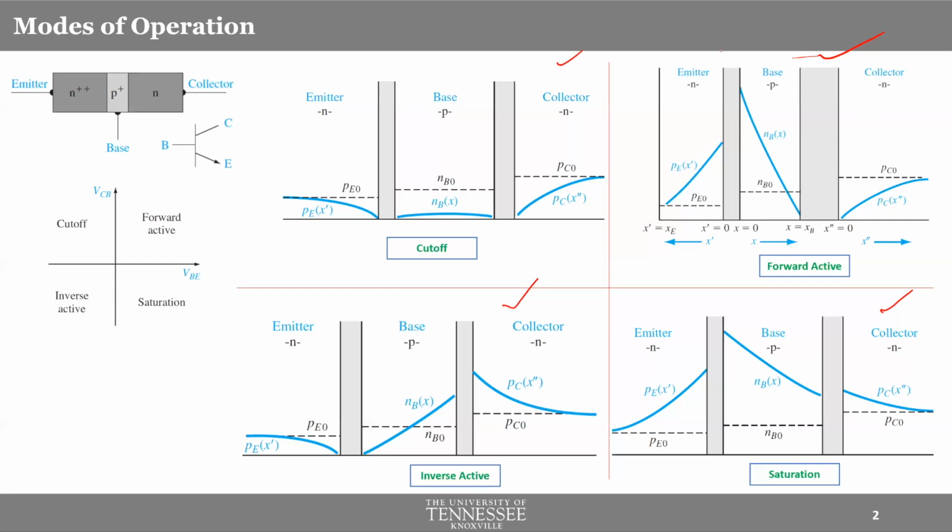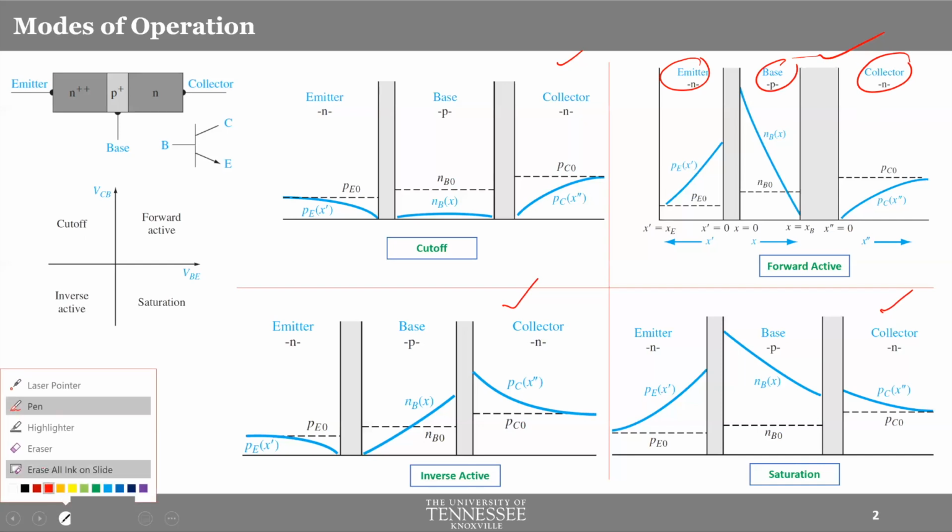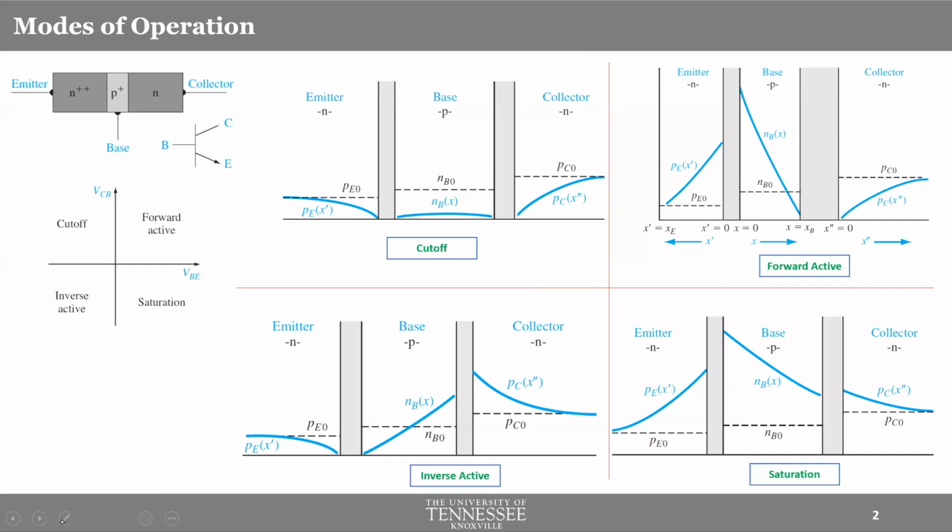Okay, so forward active mode. So this is emitter, base, collector, and this is the base-emitter junction, this is the base-collector junction.